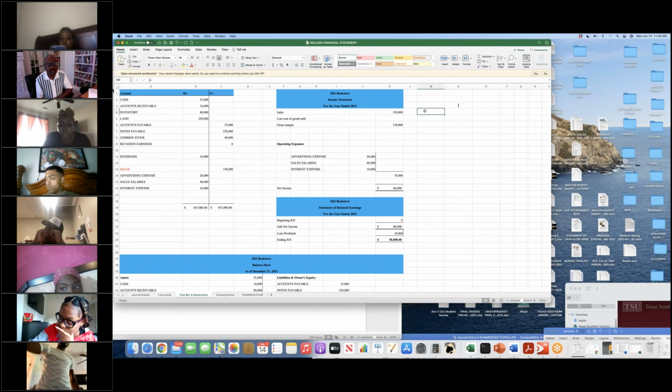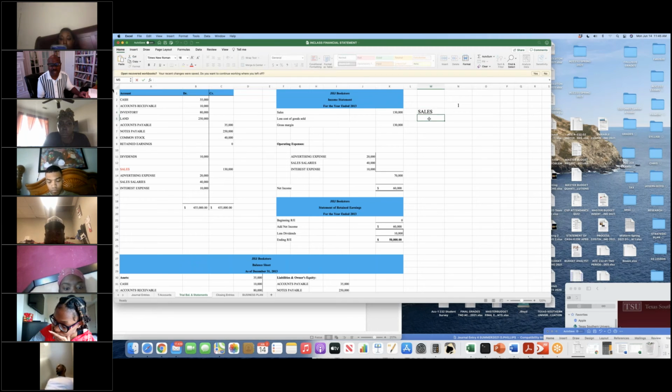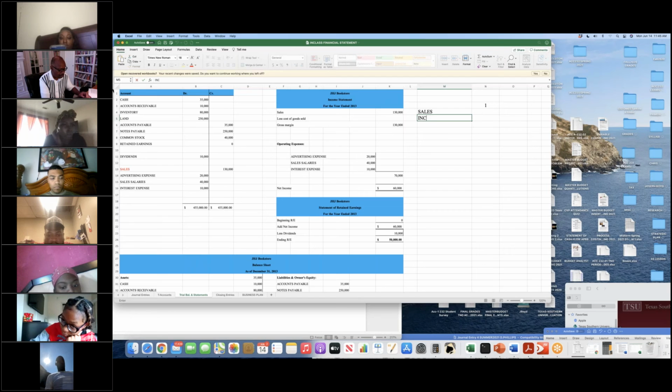So we're going to debit sales, and we're going to credit what? Going to credit income summary.